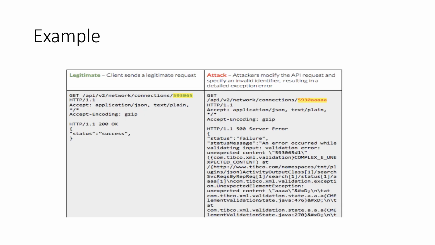And this is one sample example. In the left side column we can see the client sending the request, with the identifier highlighted. Coming to the right side column, you can see that the attacker tries to access it, and they changed the identifier and kept an invalid identifier, which results in a detailed exception error.